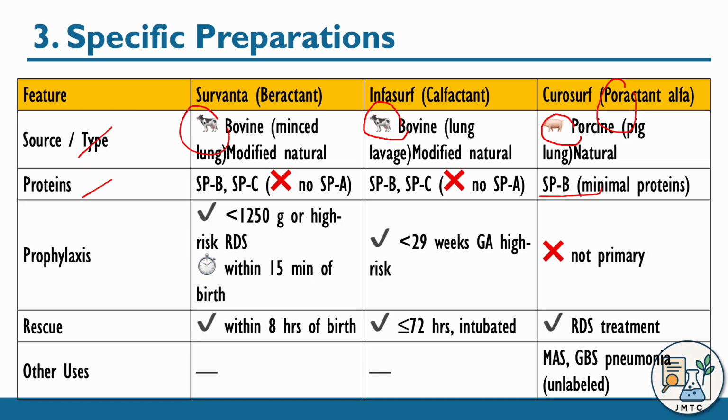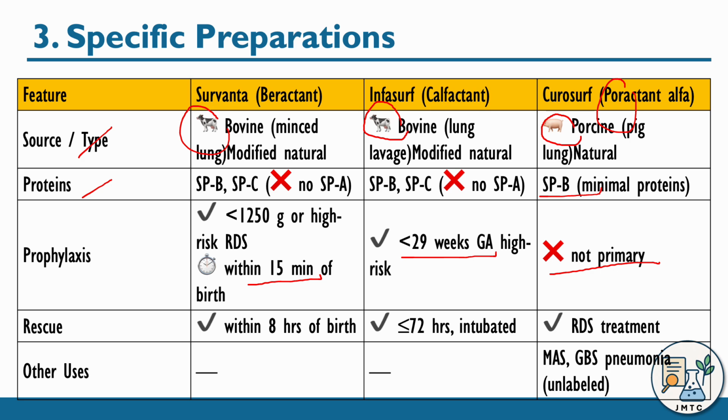For as prophylaxis, Surfactant is used for very low birth weight given 15 minutes of birth. Si InfaSurf naman for those with less than 29 weeks gestation. Si CuraSurf, we don't use it primarily as prophylaxis. Ginagamit siya for treatment.